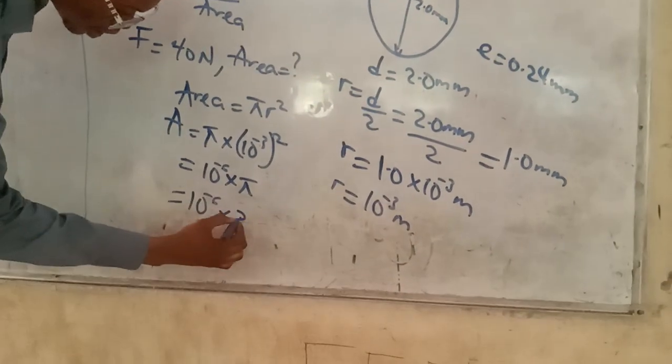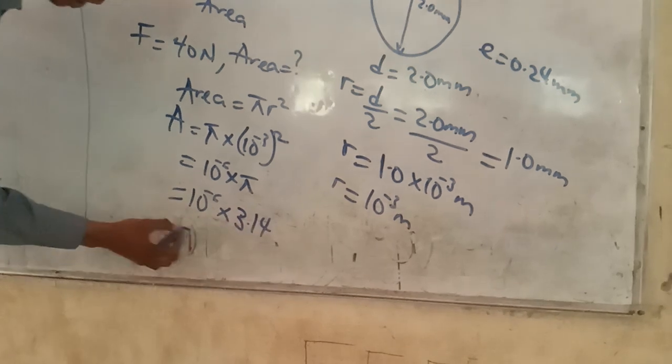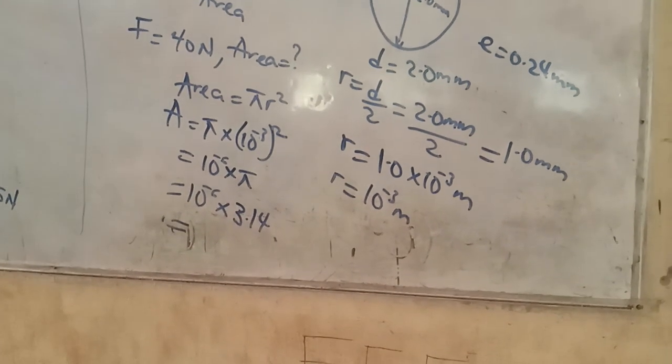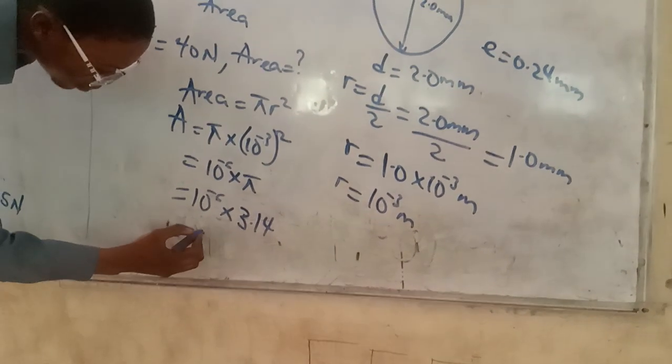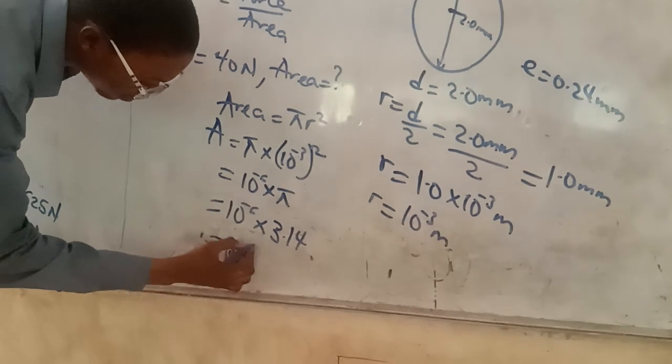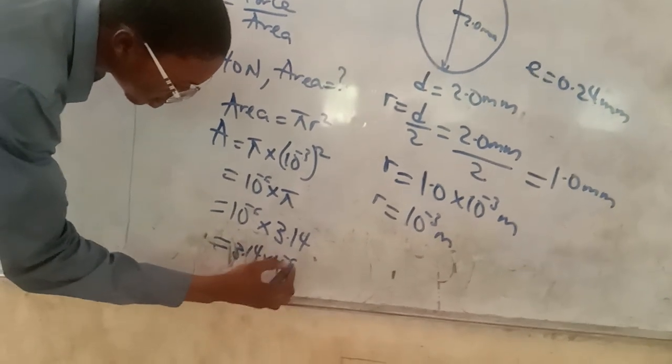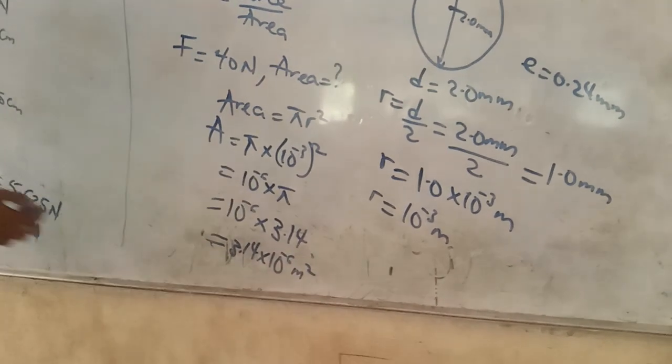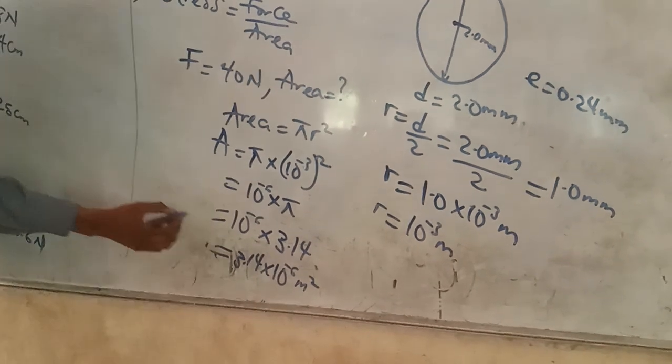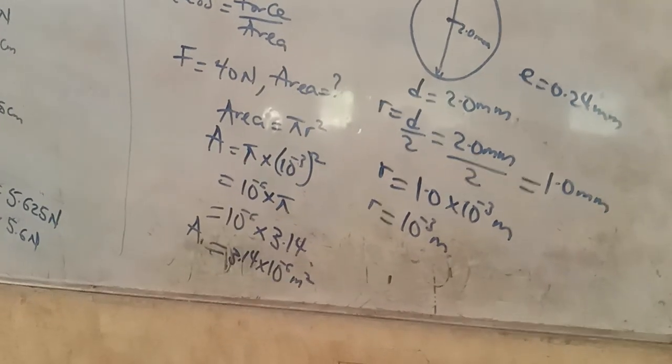So that is 10 raised to power minus 6 times 3.14. We are going to have 3.14 times 10 raised to power minus 6 meter square. This is our area.